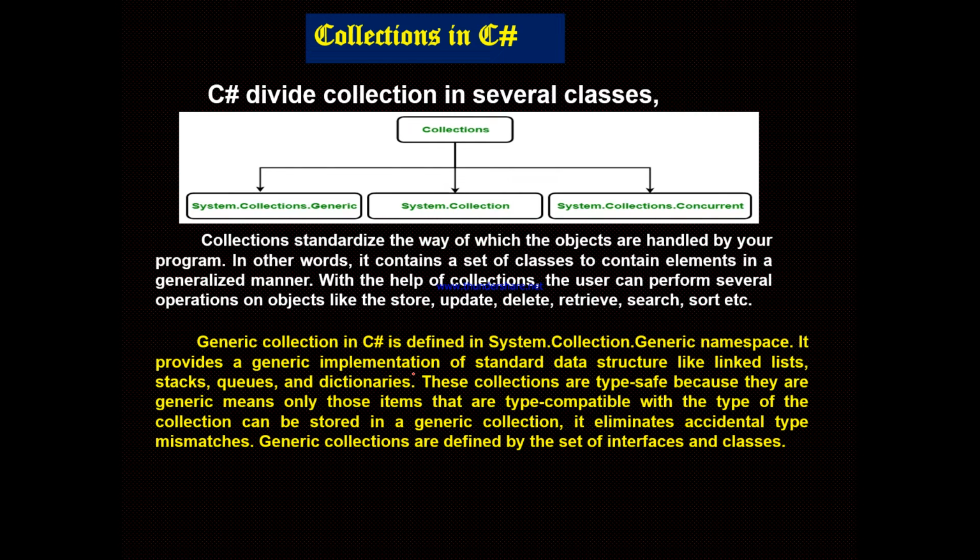Generic collections are defined in C#.NET by the System.Collections.Generic namespace, and it provides implementations of generic collections of data structures like linked list, stack, queues, dictionaries, etc. While the collections in System.Collections.Concurrent are applicable when we want to use the stack concurrently, to avoid mismatch.